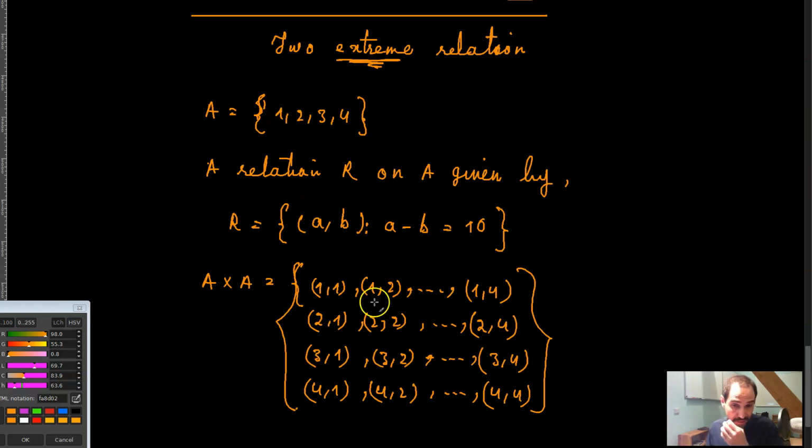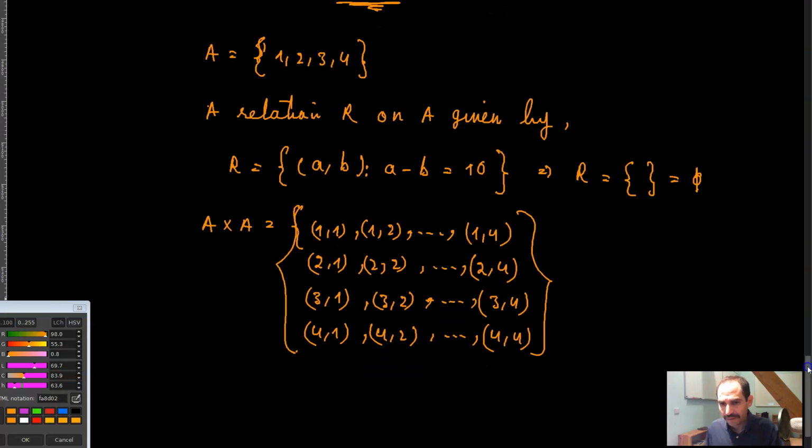If of course the difference is not a negative number, then at most it's positive 3. And we are saying that a minus b is equal to 10, which never happens. Which means that basically you can write R is equal to the empty set, right?